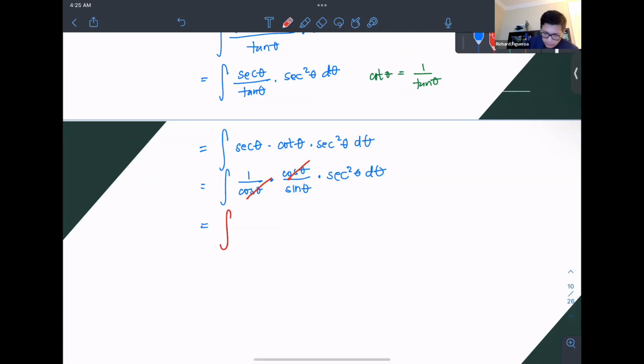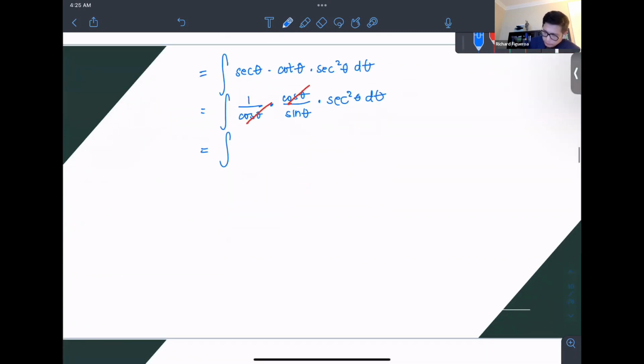Or transform that to tangent muna. So secant squared is the same as tangent squared theta plus 1, and divide it with sine theta d theta. Tangent squared theta plus 1 over sine theta.